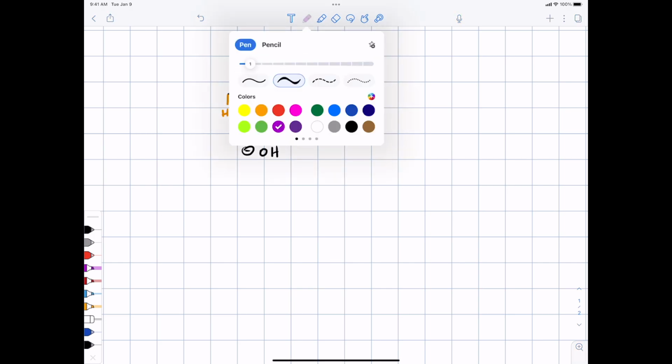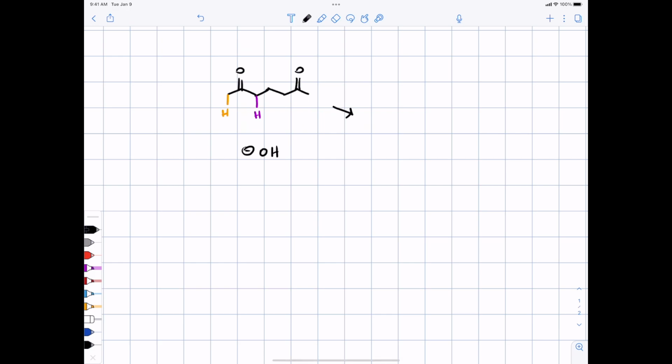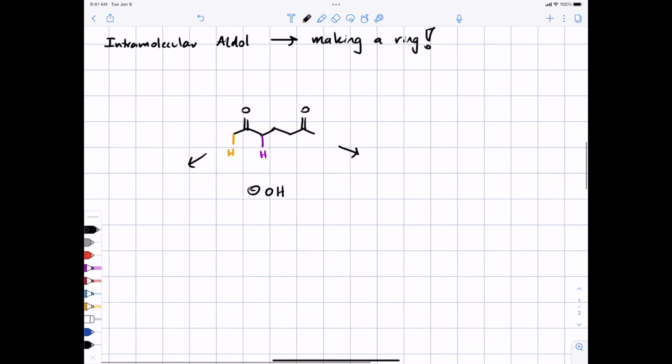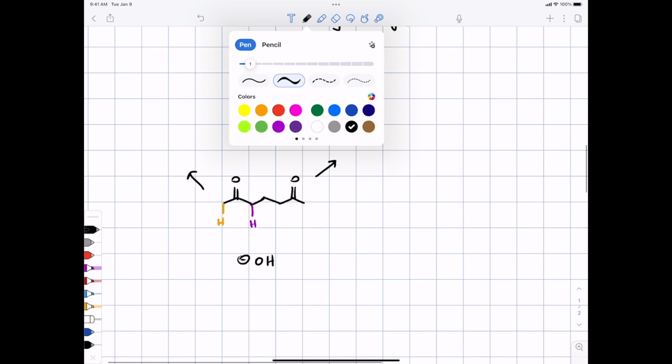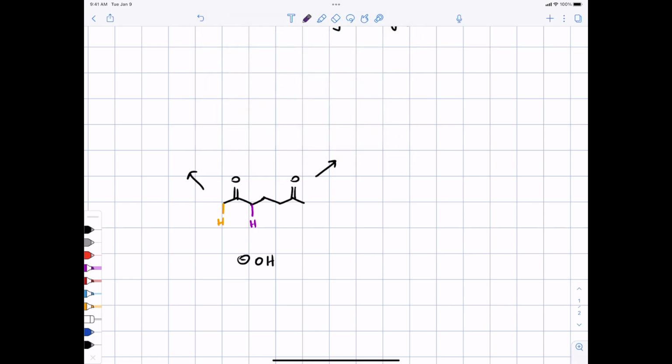So presumably you could make either, and maybe we'll sort of make the arrows uphill so we remember that enolates are higher in energy than ketone starting materials. Let's go with purple enolate here.